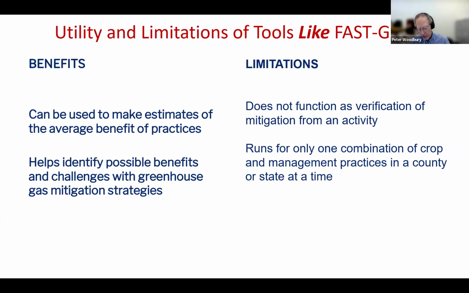And as I tried to explain, the online version runs for only one combination of a crop and management practice in a county or a state at a time. So you can run it for all the combinations you like, but each combination has to be run separately.